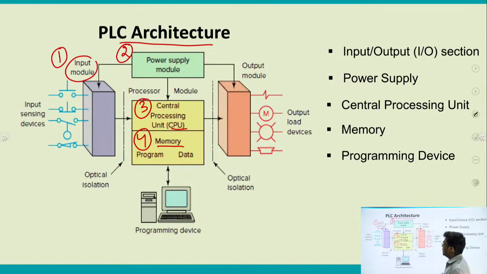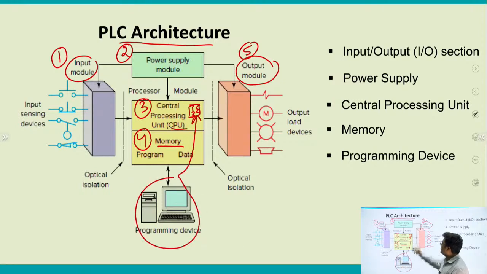Further, it is classified as program memory or data memory, and the fifth part is the output module. Another internal thing is the communication channel, how we communicate with the personal computer. So there is a communication channel in a PLC architecture.